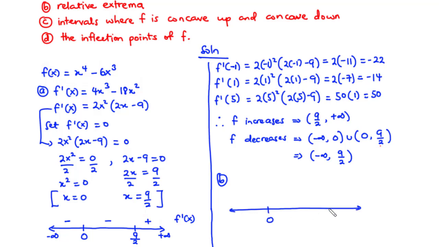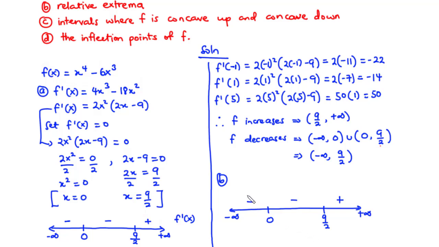So we have 0, we have 9 over 2. This is negative, plus. Now you realize that the function decreases from the left of 0, and then further decreases to the right of 0.